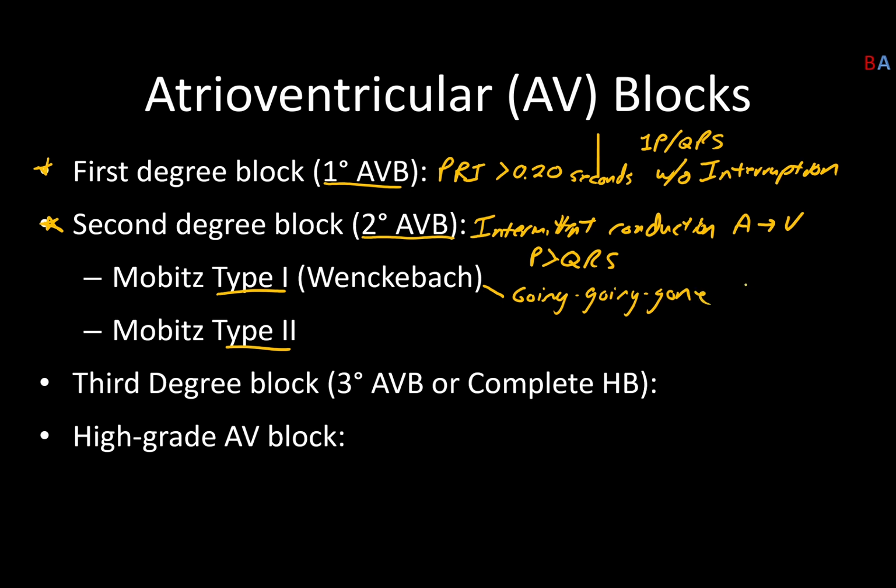What that means is that the PRI increases with each successive beat until there's a dropped beat. I'll walk through this in more detail. I'm just giving you the high view right now. As for second degree, type 2, what makes this one unique is that the PRI is constant.